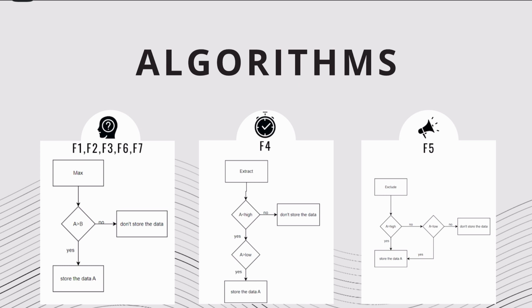Function 4 requires the output value to satisfy two specific conditions, whereas function 5 necessitates the output value to fulfill only one of the specific conditions.